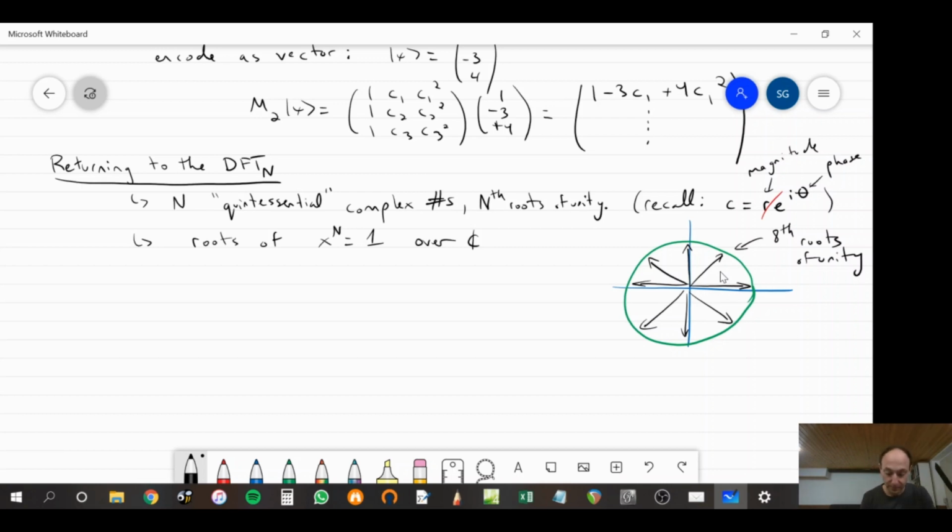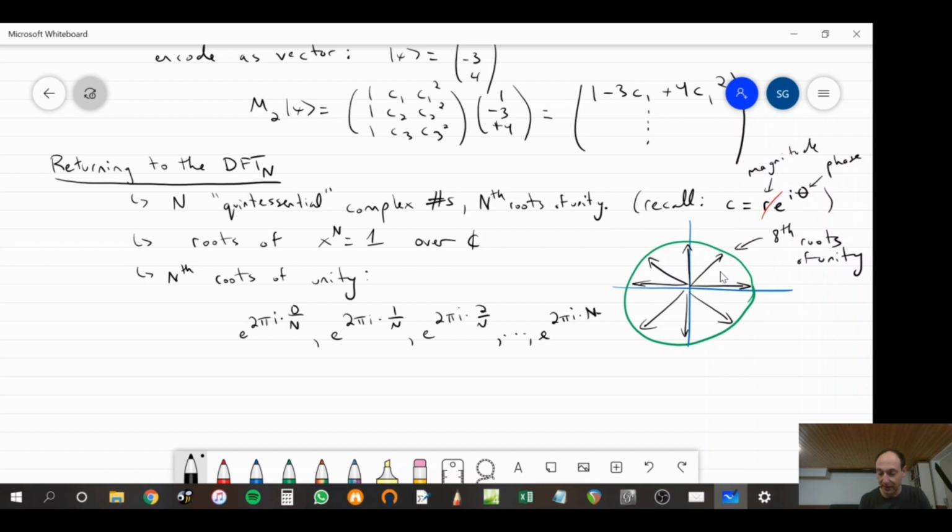So the nth roots of unity, what are they? I'm just going to write them this way. They're going to be e to the 2 pi i, and remember I said I'm going to multiply this by multiples of 1 over n. So first I'll start with 0 over n, and then I'll have e to the 2 pi i 1 over n, and then e to the 2 pi i 2 over n, and so forth.